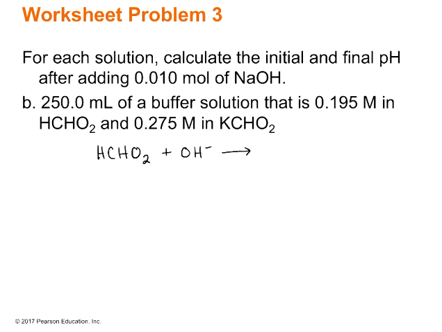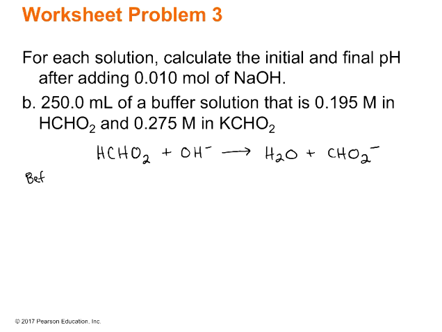And I'm drawing a single arrow here because we are adding strong base. So this reaction will occur, and we shouldn't really see a reverse reaction. So our products here would be water and the conjugate base.